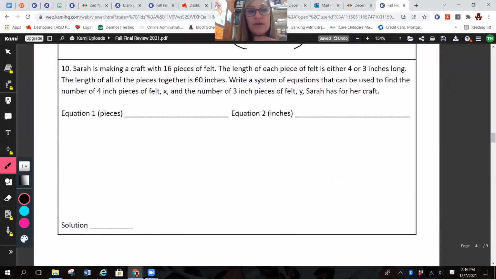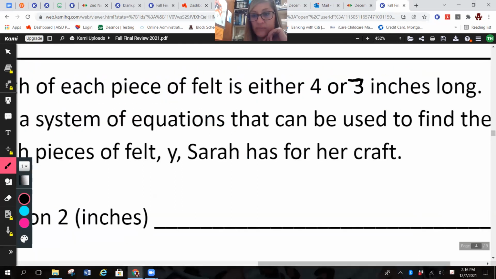Okay, Sarah is making a craft with 16 pieces of felt. The length of each piece of felt is either 4 or 3 inches long. And actually, this is a typo. It should be 7 inches long.